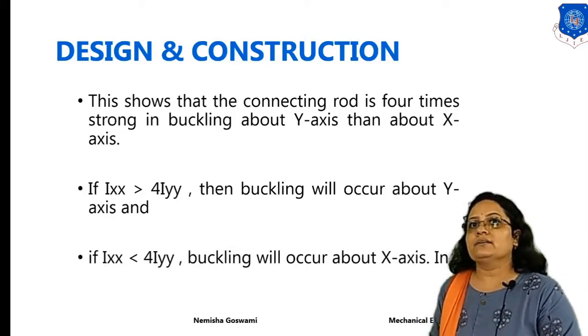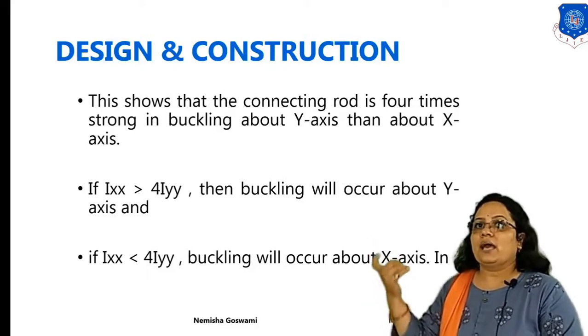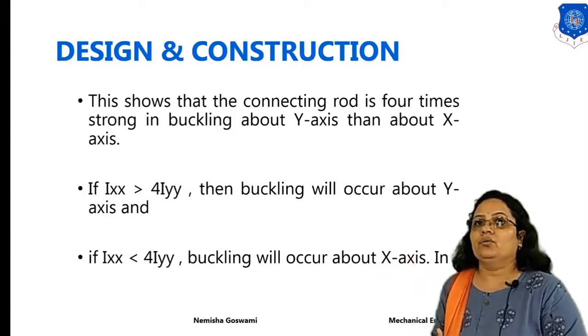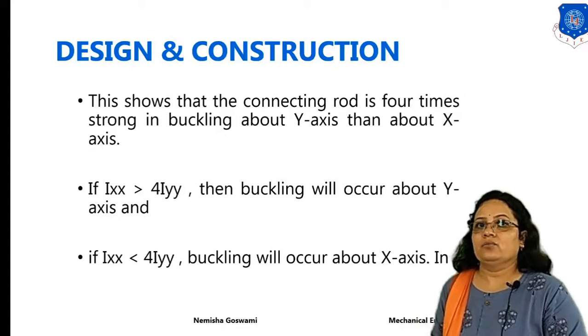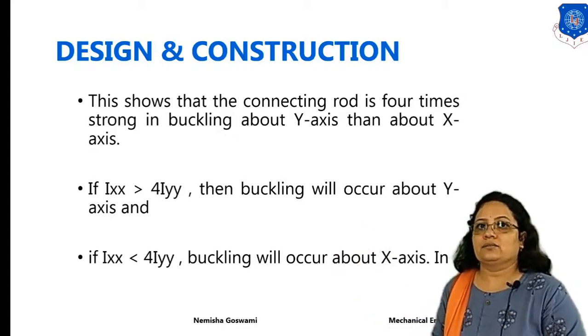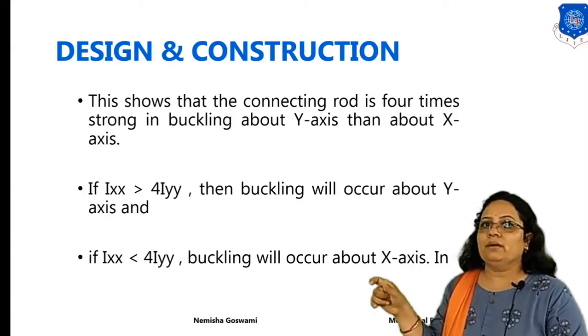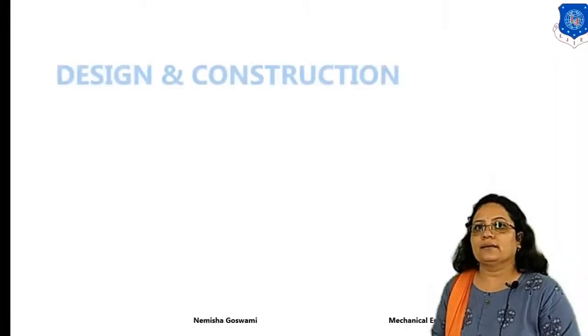If this is reversed, meaning the moment of inertia about the x-axis is less than that about the y-axis, buckling will occur about the x-axis. This is the fundamental: where the moment of inertia is minimum, buckling will occur about that axis.